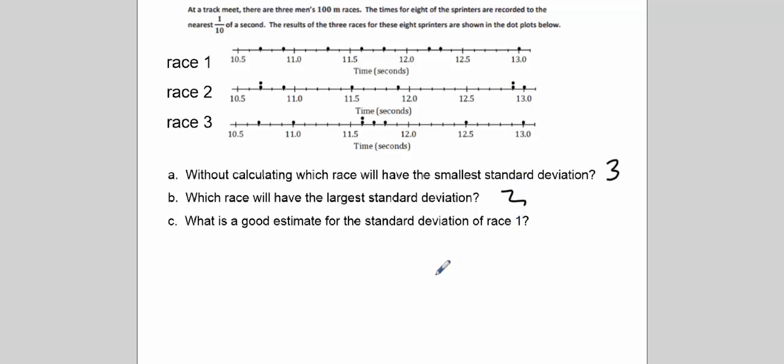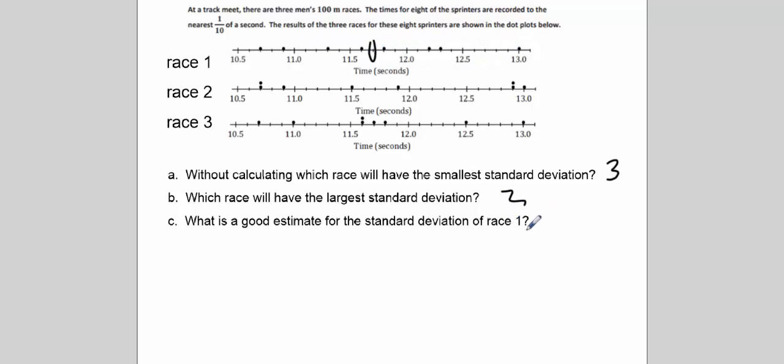And if we want to know what's a decent estimate for the standard deviation of race 1, well, again, if we said this is our average, this is less than 0.1 out, this is 0.2, 0.3, 0.4, 0.5 out on both sides, 0.6 out on both sides, and then this one is about 1.3 out.